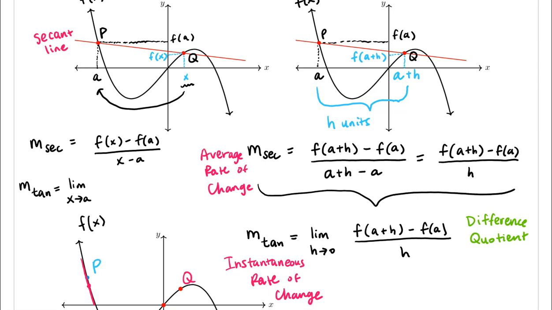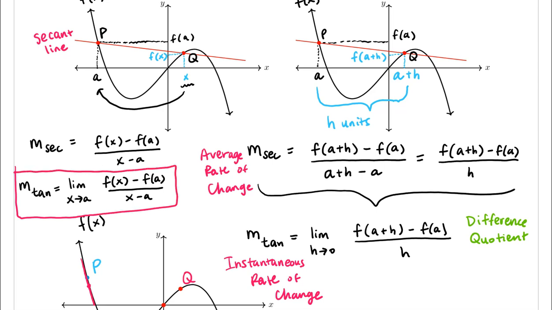And so we have the limit as x approaches a of f of x minus f of a over x minus a, which is supposed to represent the slope of the secant line. So we have two different definitions now for the slope of our tangent line. One of them is this thing here, and our other one is this thing here.